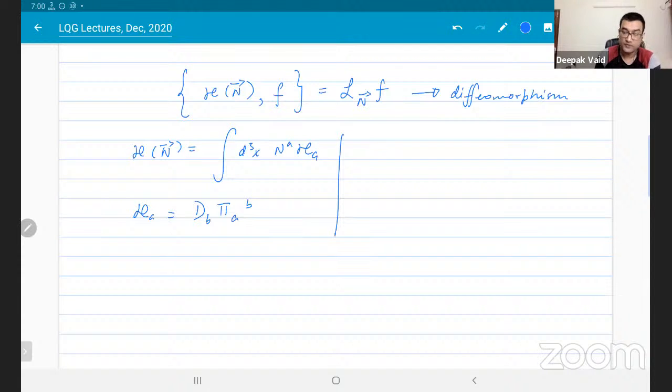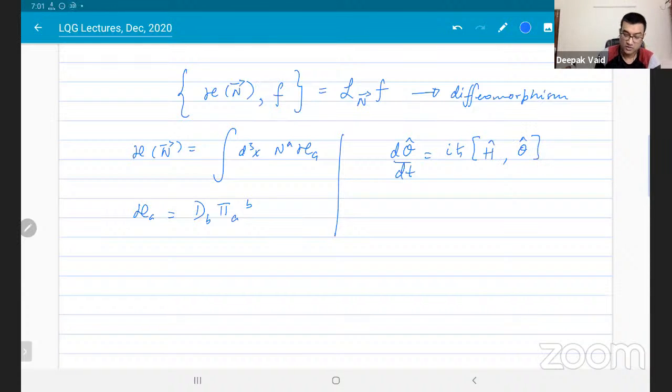In quantum terms, if you look at the Schrodinger equation in the Heisenberg representation, for any operator you have this equation.